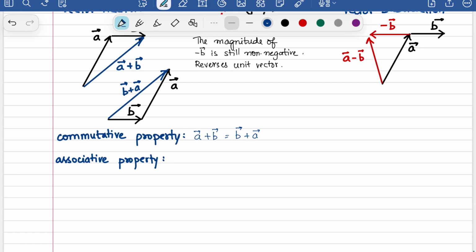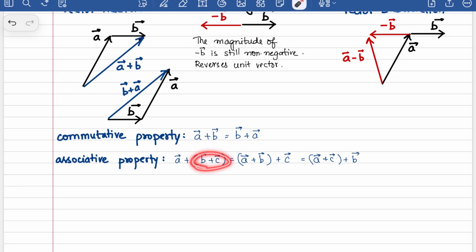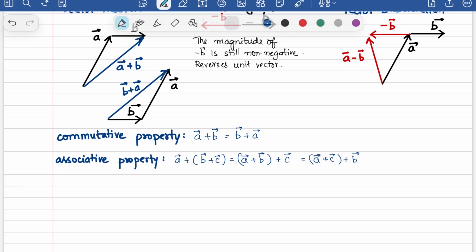This basically just says that A vector plus B vector plus C vector is equal to, you could do the first operation first and then the second, or you could do A vector plus C vector plus B vector. So you can do this first, or this first, or this first. It's all the same.